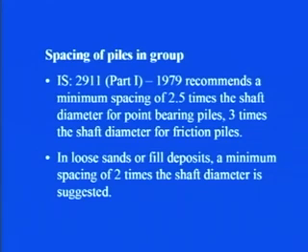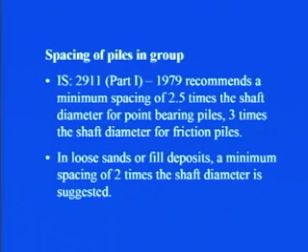In loose sands or fill deposits, a minimum spacing of 2 times the shaft diameter is suggested. So, depending on the type of soil in which the piles are to be installed, the spacing also varies. We have to take that into account, and these are site specific.